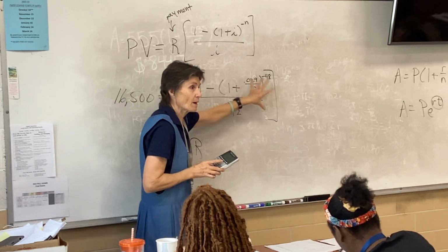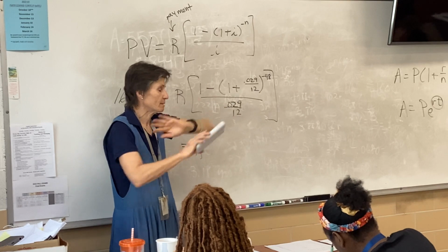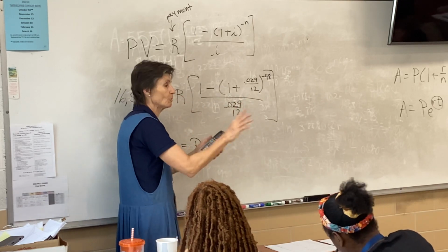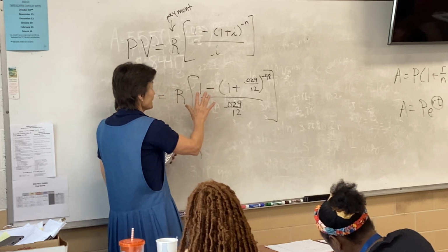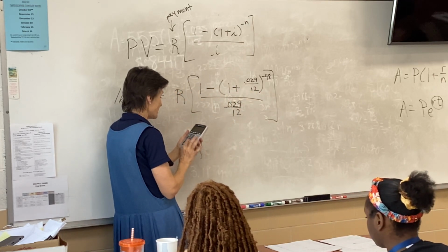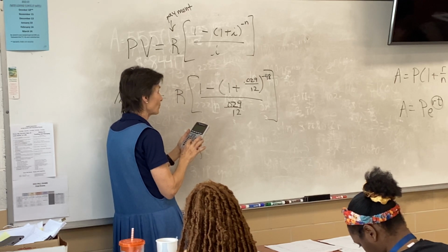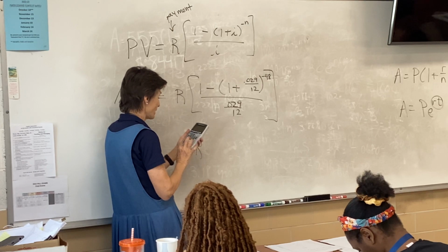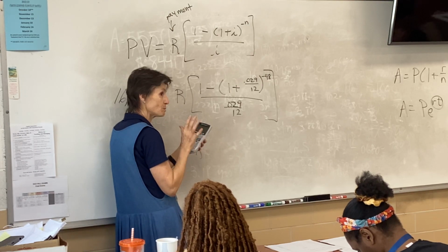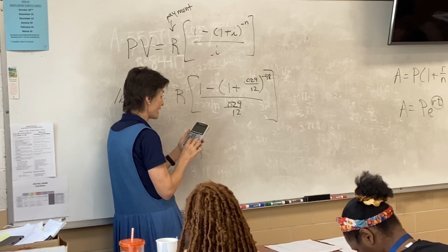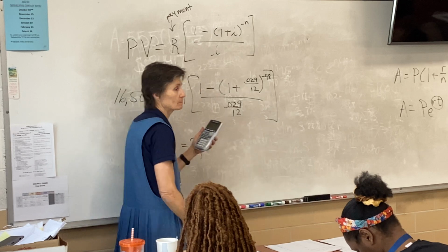I'm just gonna do this right here. If you have a question, type what I tell you and we'll get it. I like to type in the numerator first. So 1 minus parentheses, 1 plus 0.029 divided by 12, close parentheses, raised to the negative 48 equals.